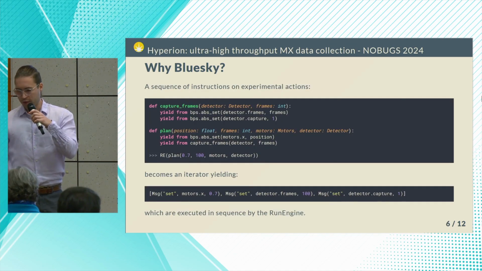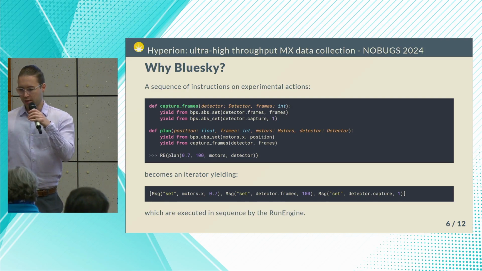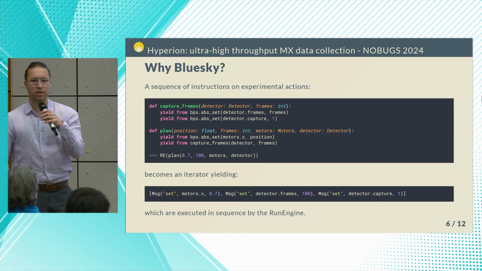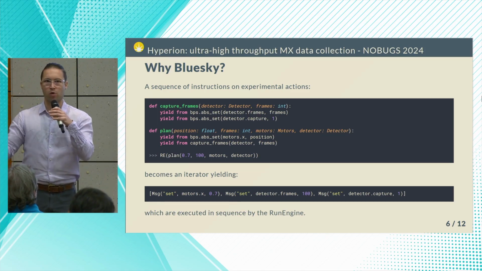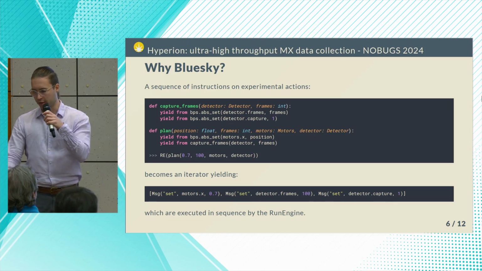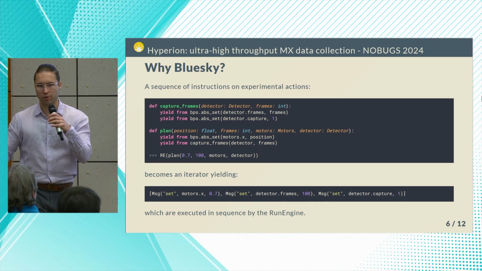So when you write an experiment plan in Blue Sky, you just send a sequence of instructions, and in a separate process, your metadata about what happened during the experiment can be used to do all the extra stuff, like interacting with the database and doing the finicky things that aren't really part of your sequence of instructions for your experiment.